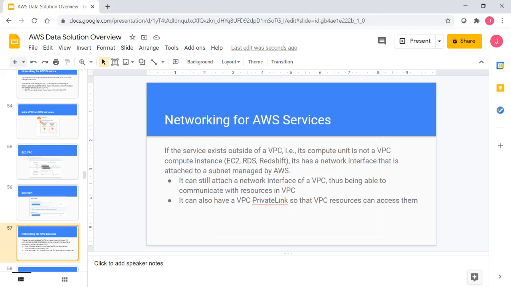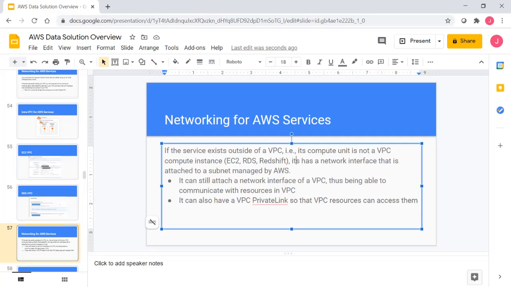Some services are defined outside the VPC. For example, its compute unit is not a VPC compute instance such as EC2, RDS, or Redshift. Instead, it exists outside your VPC, in a network managed by AWS, such as DynamoDB.